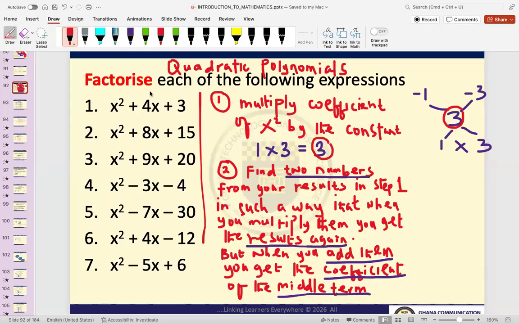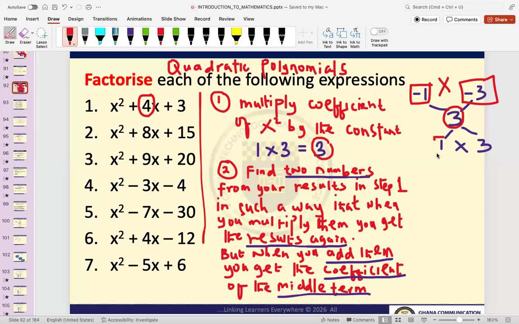The middle term here is +4. Which of these two will give you +4? -1 and -3 cannot give you +4, so we can't use this one.